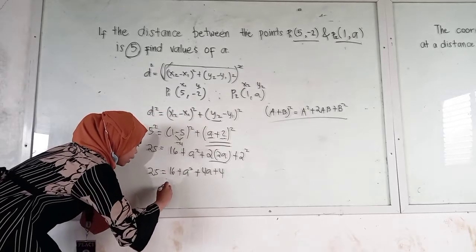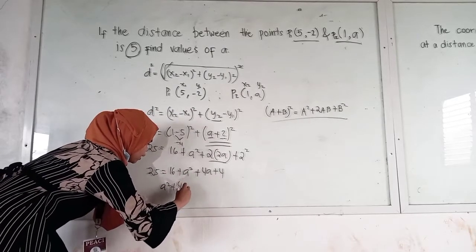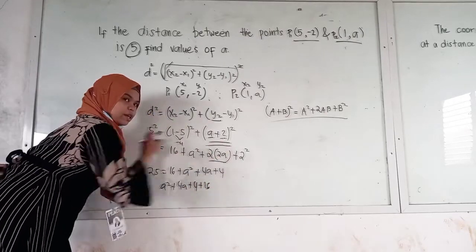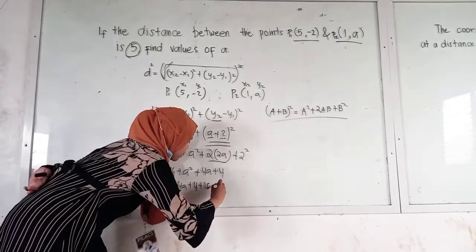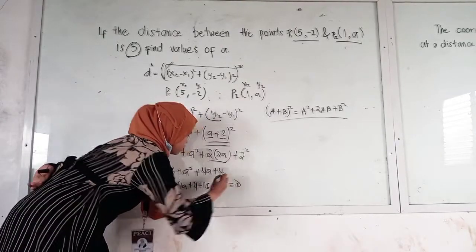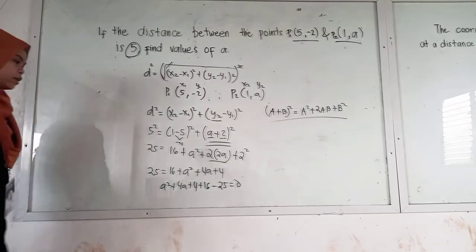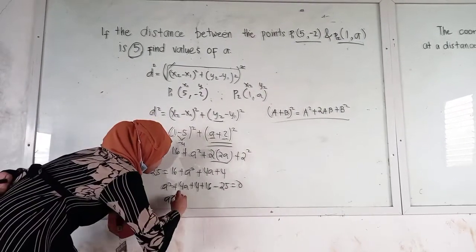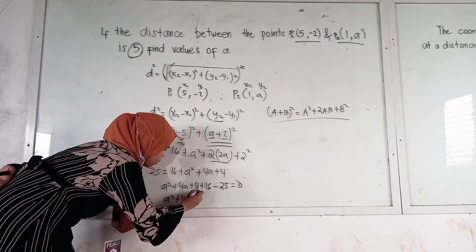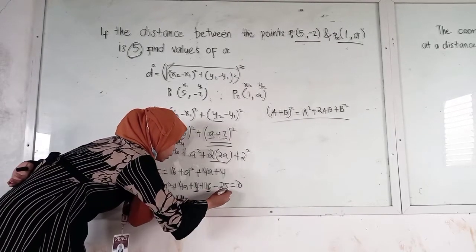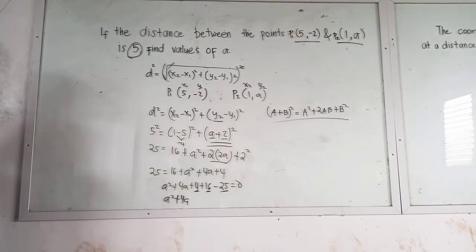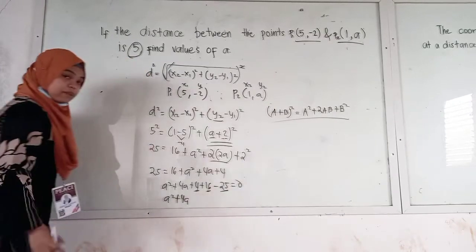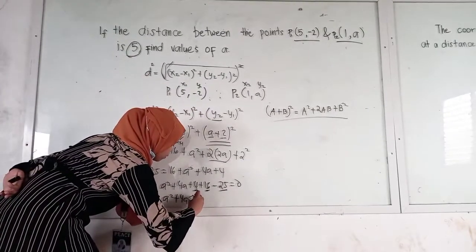I can have A squared plus 4A plus 4 plus 16, and then I will move this 25, so that will be minus 25 is equal to 0. Okay? So that will be A squared, combining the like terms or the constants: I have the constants 4, 16, and negative 25. So 4 plus 16 is 20, 20 minus 25 is negative 5, is equal to 0.